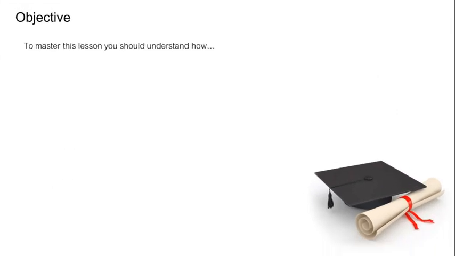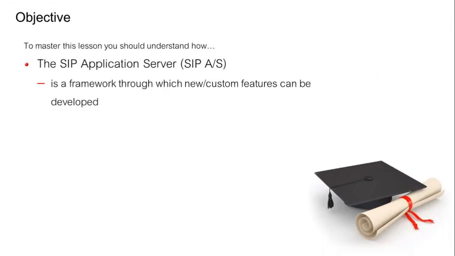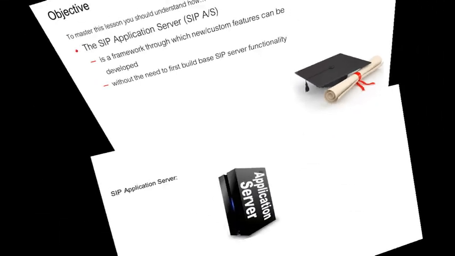In this lesson, we'll introduce the SIP application server, and we'll see how it's a framework through which new custom applications, new features can be developed without first having to learn about and build base SIP server functionality.